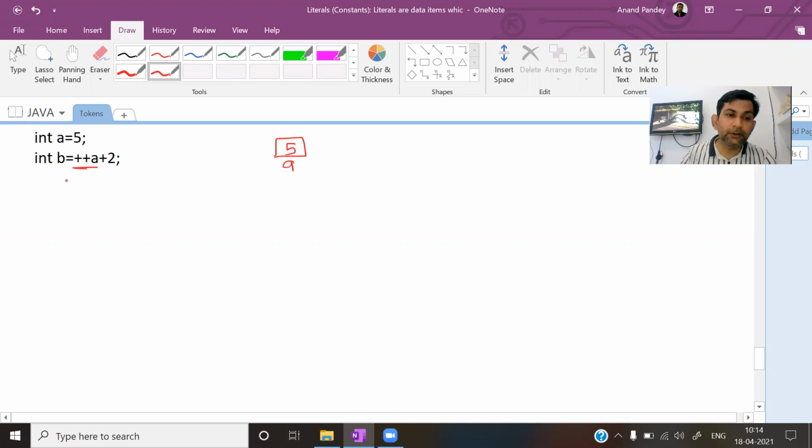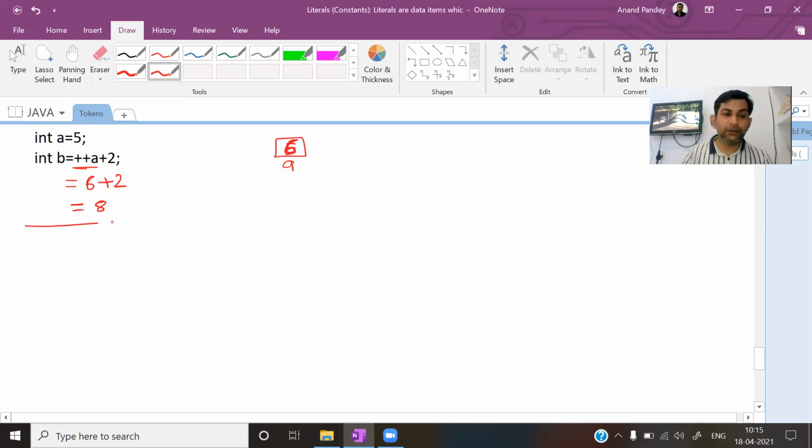So the value of a will become 6. And after increasing, when the value of a is increased by 1, it will be what now? 6. And after increasing, it will be put in the expression: 6 plus 2 will be equal to 8. Okay, this is one example.